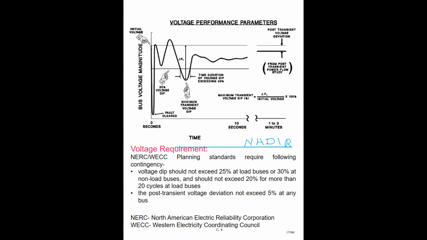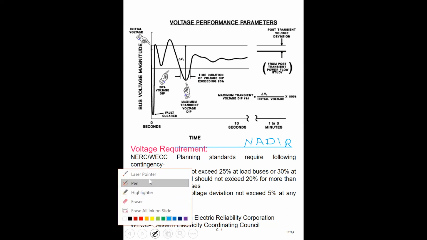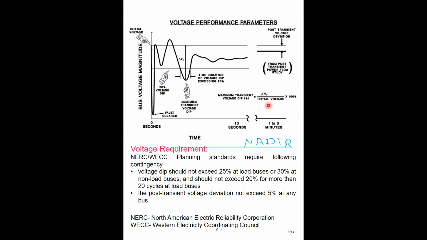So the maximum frequency dip we say is at the nadir here. The same thing we have said over here also, but here we have defined it in terms of some percentage. So what is the dip? The same way you can also define it for frequency, no problem.